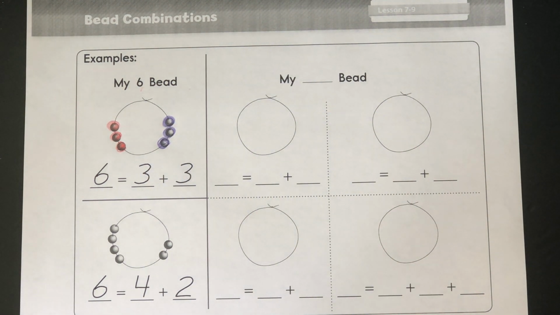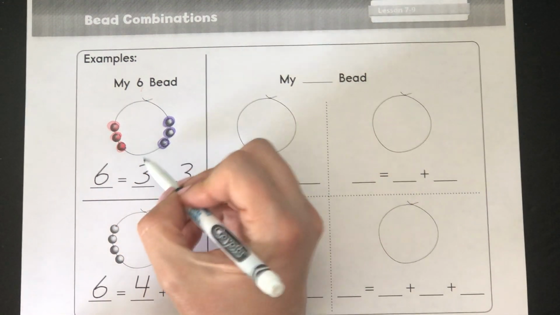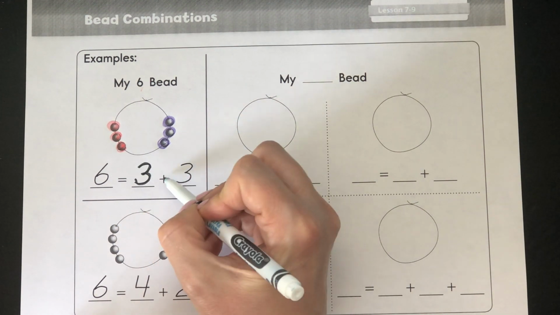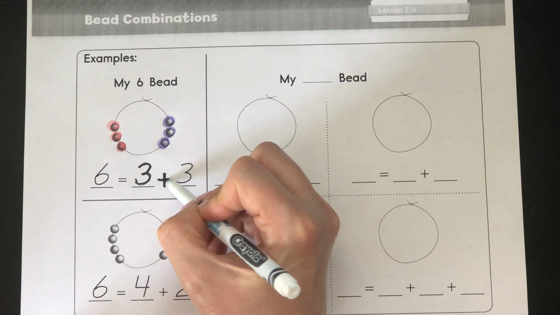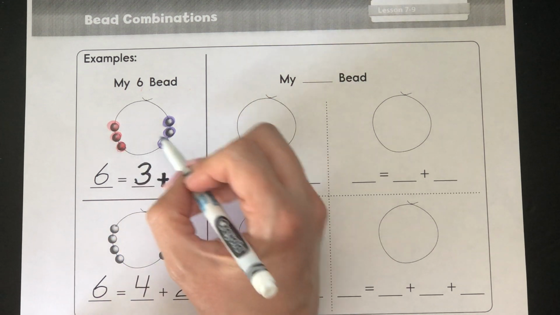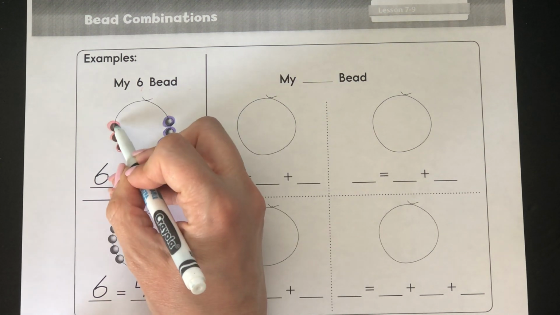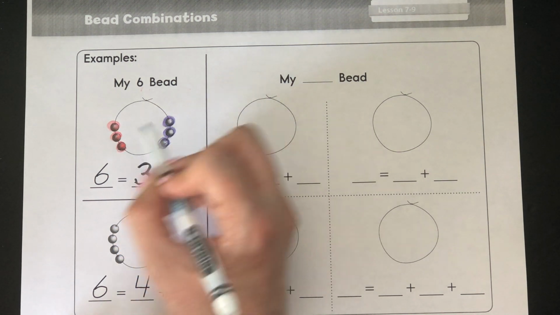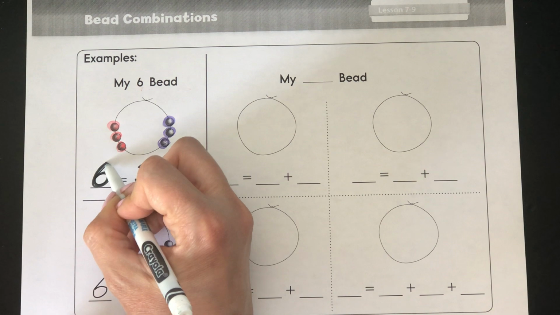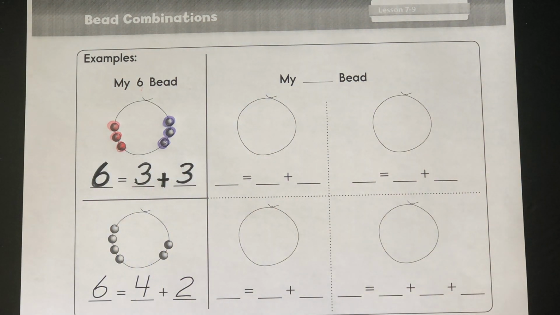They had 3 red beads, putting it together, so that's a plus, with 3 purple beads. That gets a total of 1, 2, 3, 4, 5, 6 beads total on that necklace or bracelet.